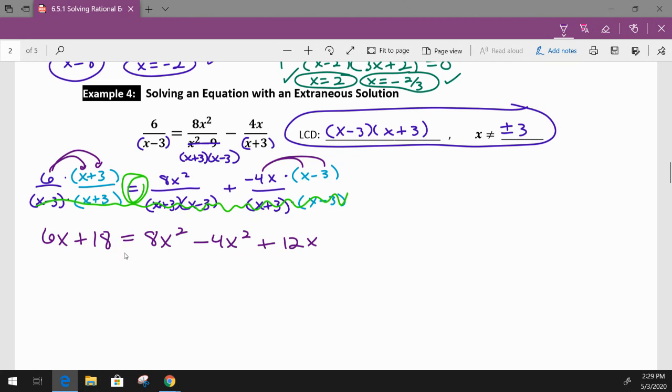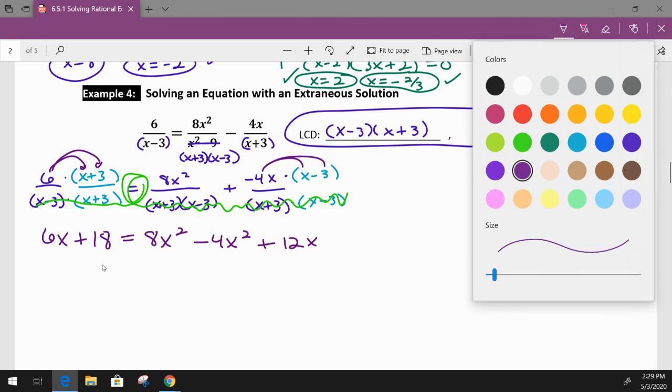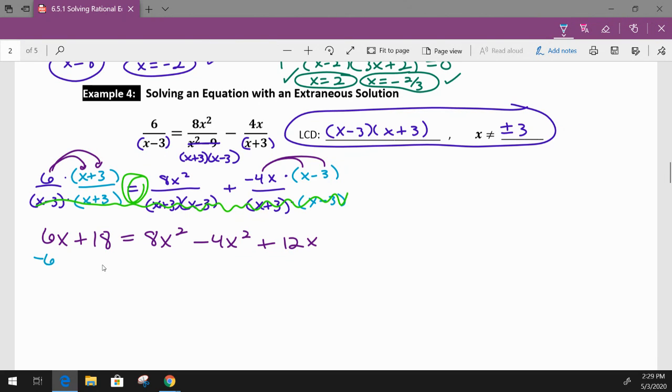Again, it's quadratic. We're going to get 0 on one side. So I'm going to subtract 6x to the 12x and subtract 18 over here because there are no constants. So those go away.